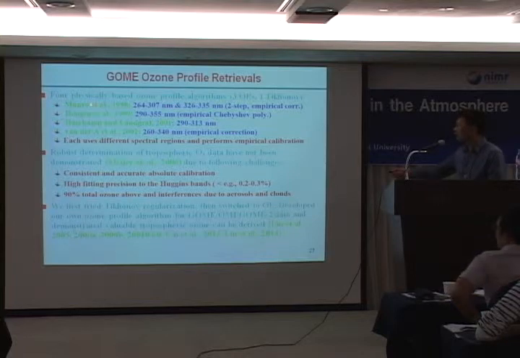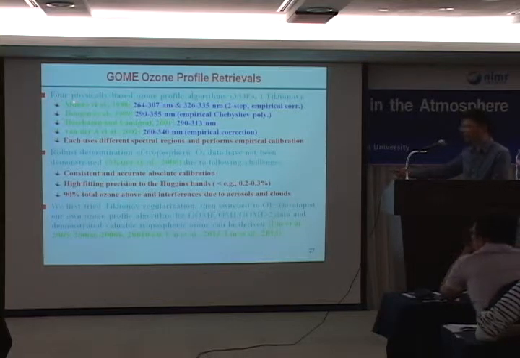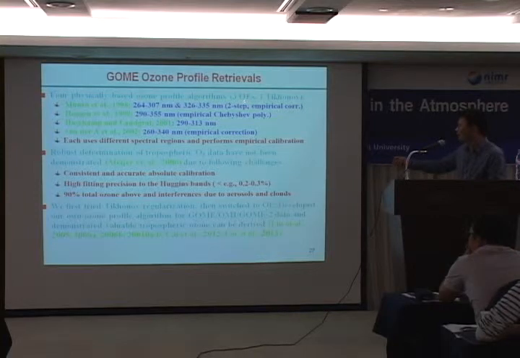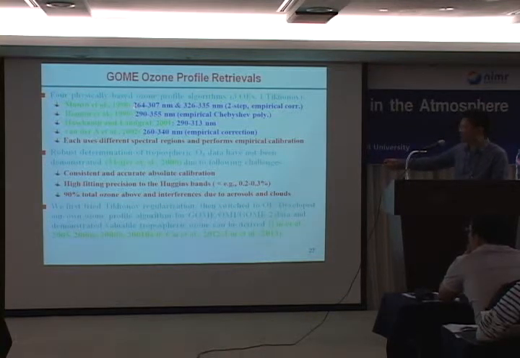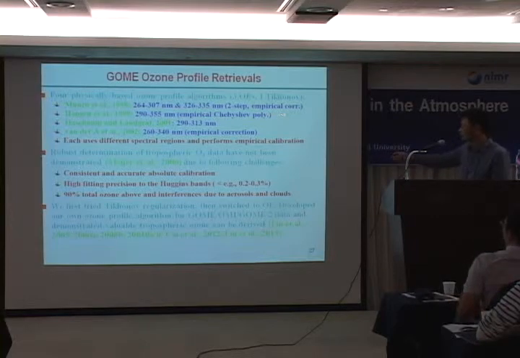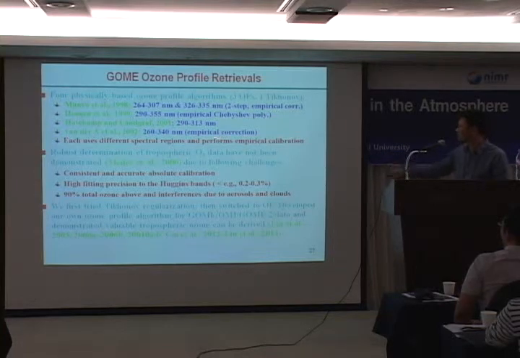At that time, we already had 4 physically based ozone profile algorithms. 3 of them are based on optimal estimation, and 1 on Tikhonov regularization, which are listed here. If you look at the different algorithms and different groups, they use different spectral regions, and you have to perform calibration correction or empirical correction to different measurements, and the approaches are different.